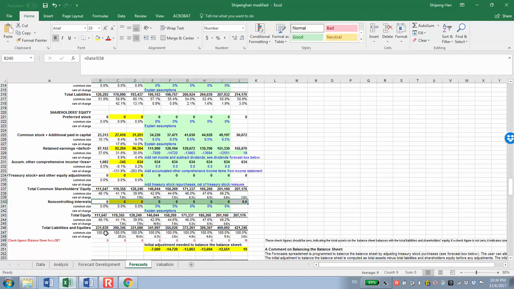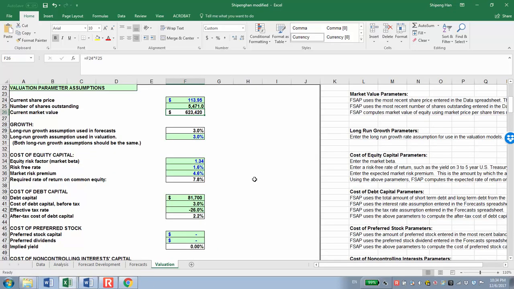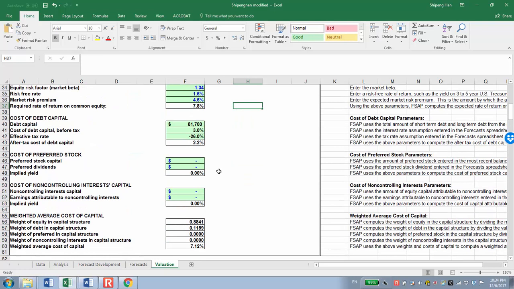In the spreadsheet for Apple, if you enter 0, usually there's an error because the denominator cannot be 0. So you can manually enter 0 for the cost of preferred stock and the cost of non-controlling interest.